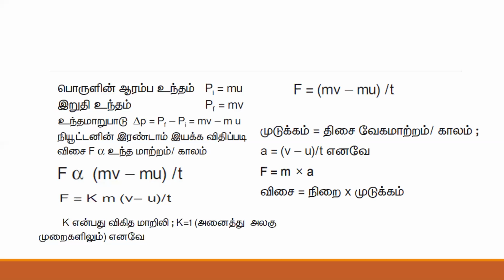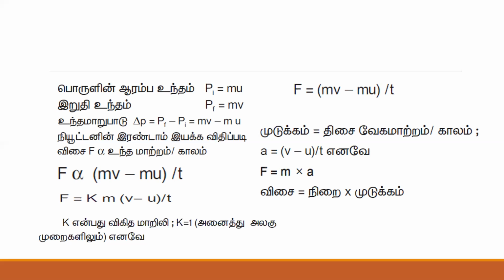மறுபடி ஒரு முறை சொல்றேன். ஒரு பொருளோட ஆரம்ப உந்தம் MU, இறுதி உந்தம் MV. அதனுடைய மாறுபாடு டெல்டா P equal to MV minus MU. இரண்டாவது விதிப்படி விசை MV minus MU by Tக்கு நேர் தகவல், F is proportional to MV minus MU by T. அந்த ப்ரொபோர்ஷனல் சைனை ஈக்குவலா மாத்தணும்னா ஒரு மாறிலியை சேர்க்கணும், அதுதான் K. F is equal to Km V minus U by T. K ஓட மதிப்பு 1 என்பதால் எடுத்துடலாம்.